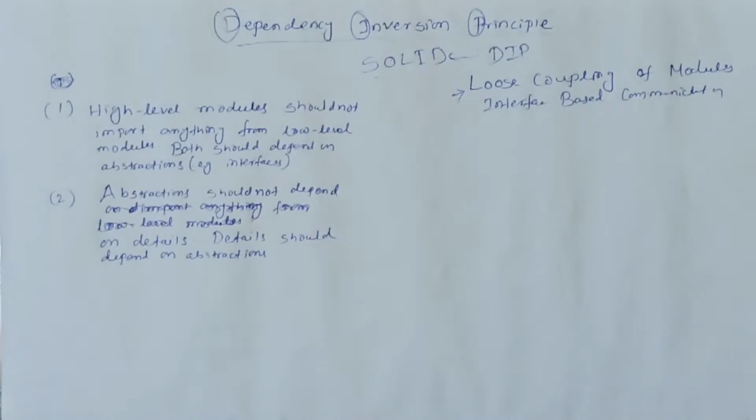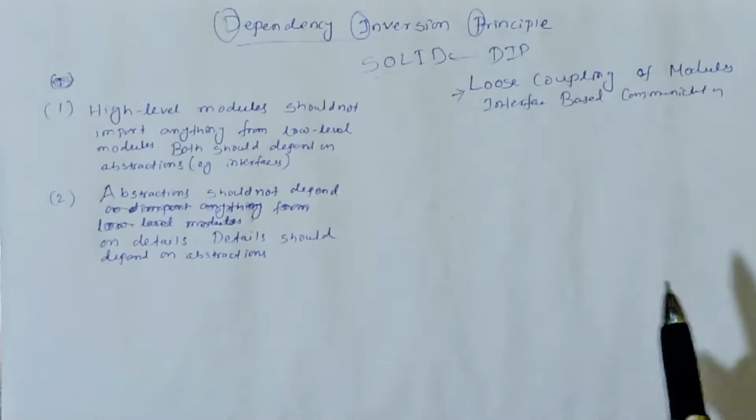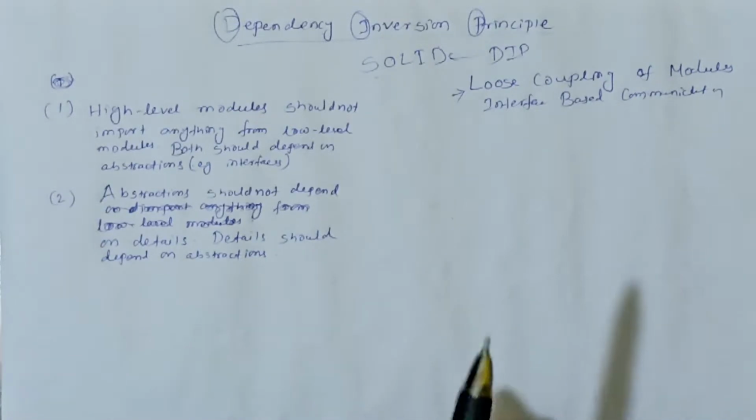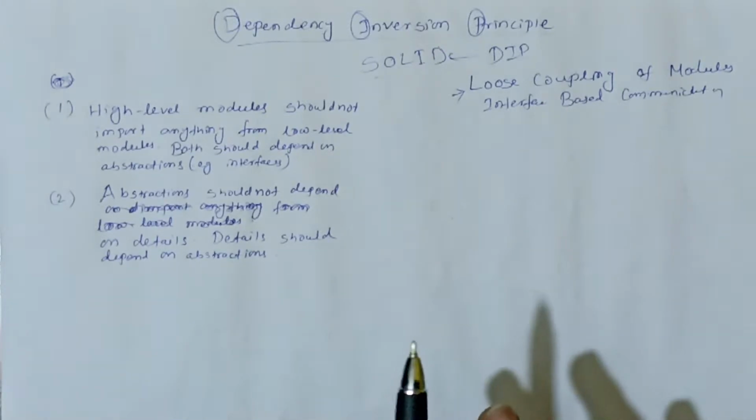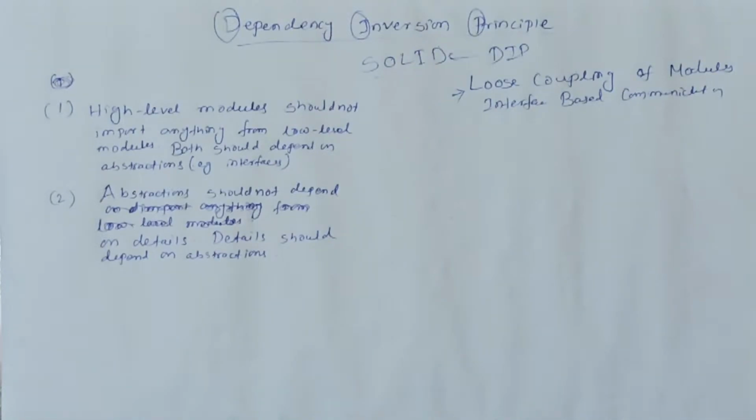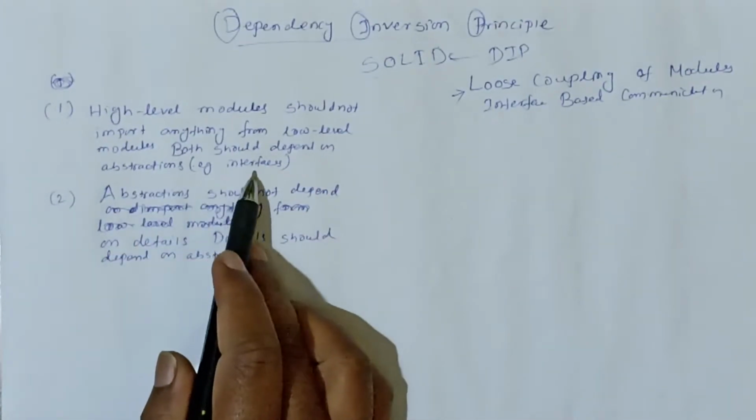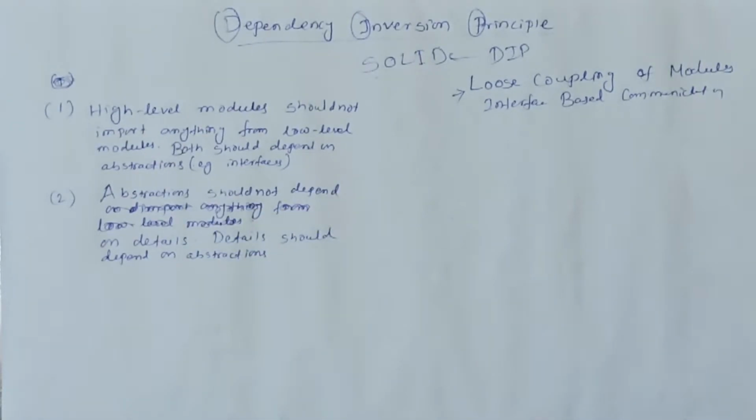In two modules, whichever module is for communication or representative of one module is considered the higher level module, and the same applies to the second module. Those modules should not import anything from low level modules. That means both should depend on abstractions, for example, interfaces.